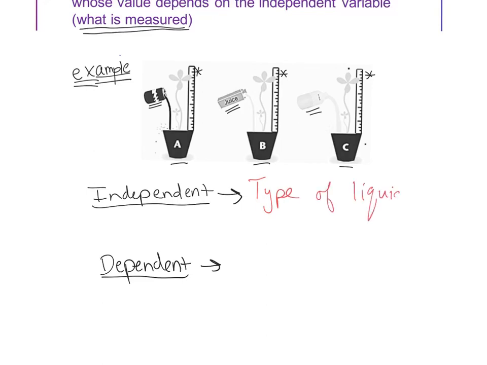One plant is getting Pepsi, one plant is getting juice, one plant is getting water. The dependent variable is what are you measuring? What is he measuring in this experiment? He's measuring how much the plant grows. So I will write the dependent variable is the height of the plant.